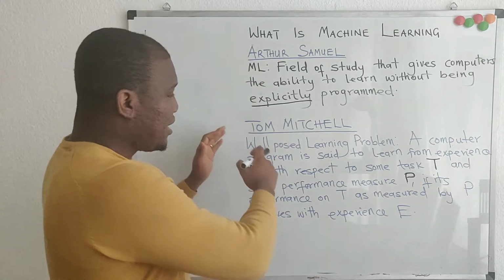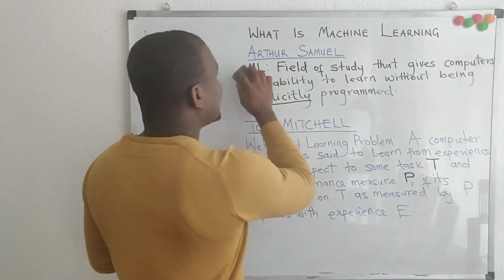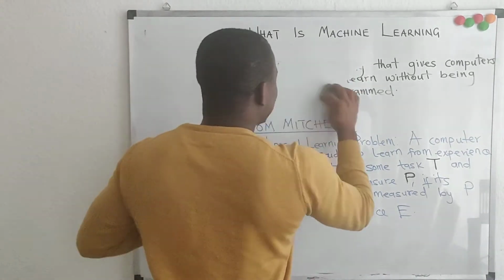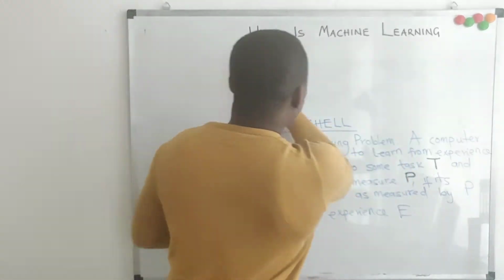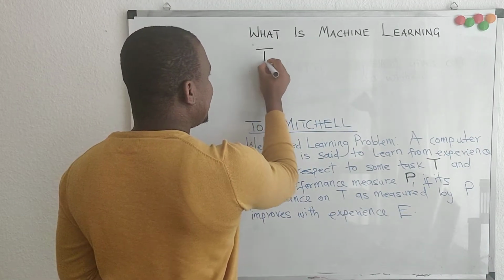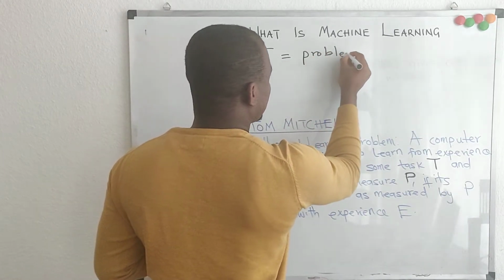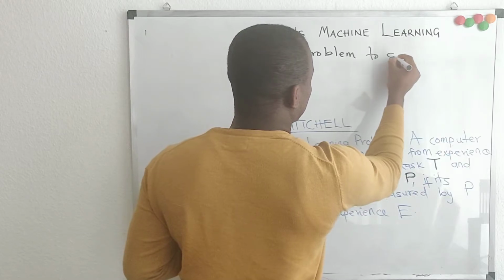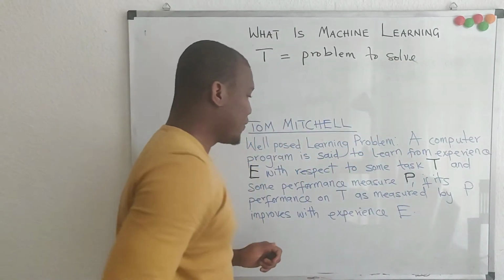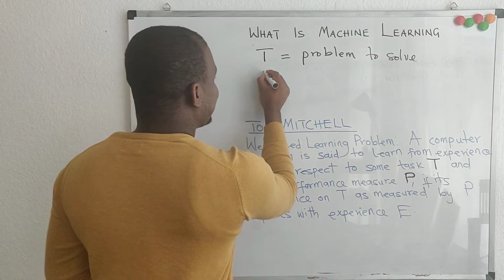So the three things that we need to look out for in this definition is the fact that whenever we are doing machine learning, we need to have a task T, which is the problem that we want to solve, okay, and then we need to have a performance measure.